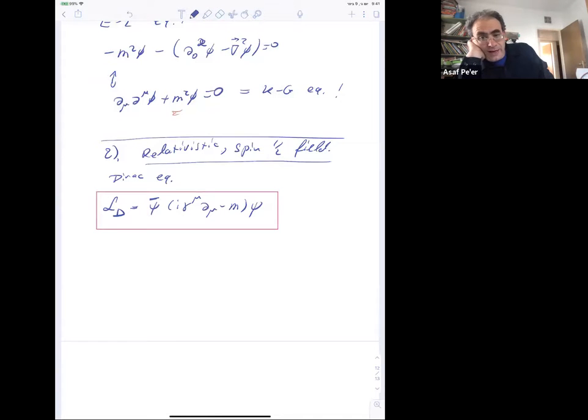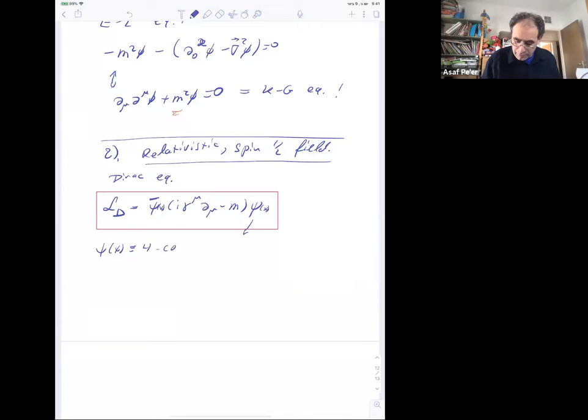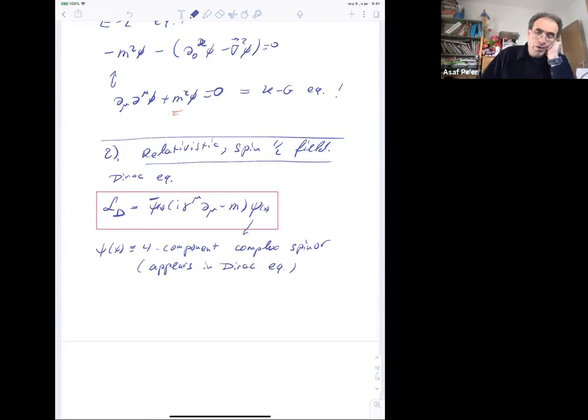So psi of x is a 4-component complex spinor. Of course, the same one that appears in the Dirac equation. So it really has 8 independent real fields because there are 4 components.